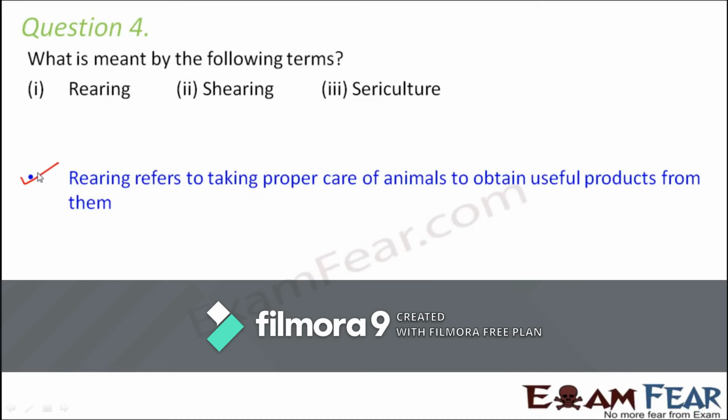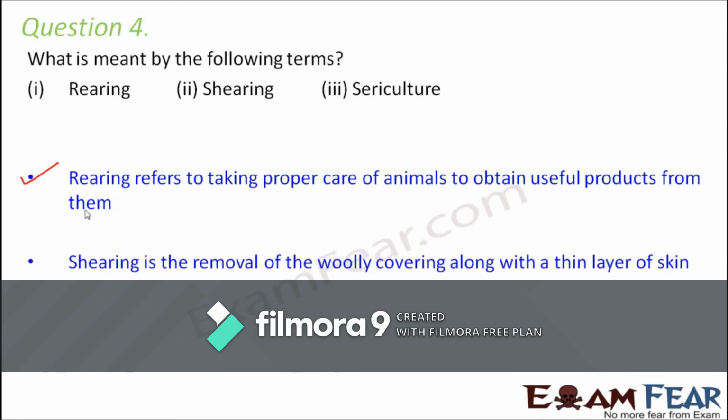Similarly, silkworms provide us silk. So it is important to rear them, to feed them properly, to give them proper temperature and humidity, so that they can remain in hygienic condition and can lay their eggs properly. That is called rearing: taking overall care of animals, feeding them properly, maintaining proper hygiene.